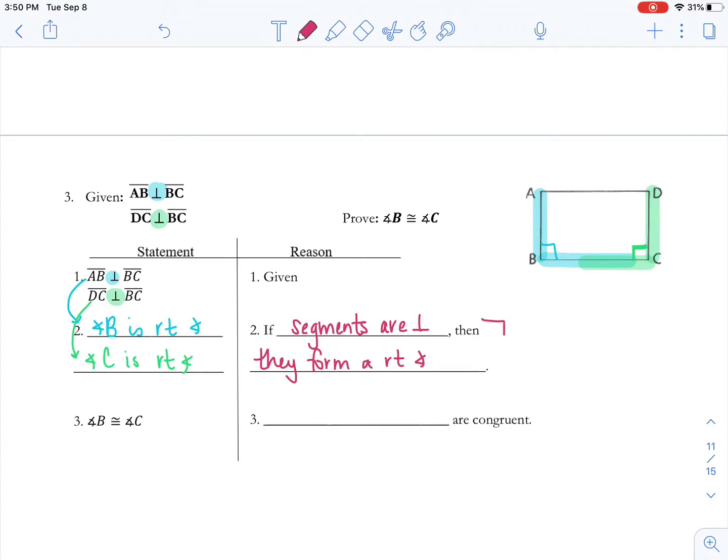All right, so if we have segments that are perpendicular, well, based off the definition of perpendicular, if segments are perpendicular, then they form a right angle. So we just need to be able to look at the diagram and figure out which angles are right angles. You see it kind of color coordinated here because AB is perpendicular to BC, B is a right angle. In a very similar way, then we get that C is a right angle.